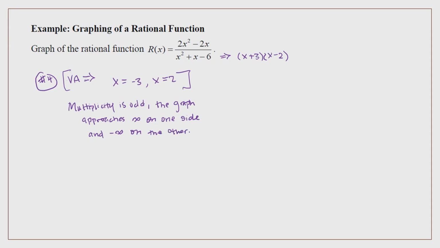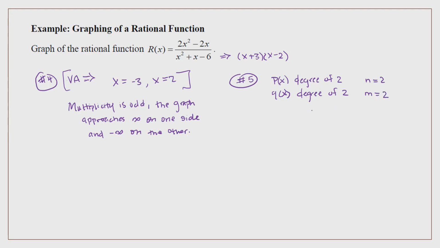that's great. Now for step 5, we can determine if we have any horizontal or oblique asymptotes. So P of x has a degree of 2. Q of x, which is the denominator, has a degree of 2. So n equals 2 and m equals 2.